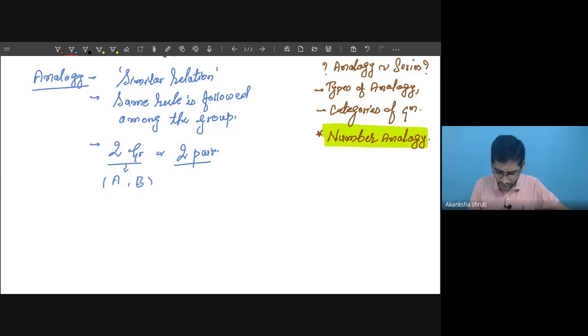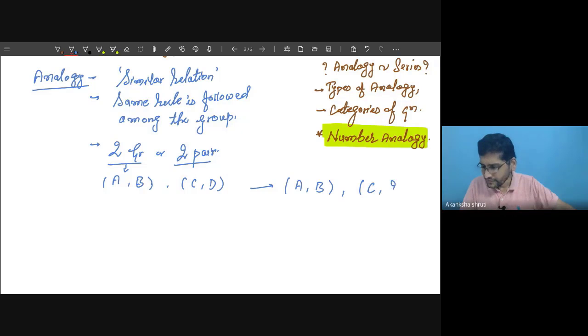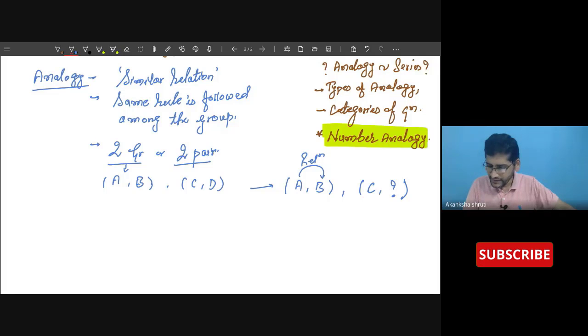And the second be C and D. It may be asked that there is a certain relation between A and B. Then in the next pair, if C is given, what is D? Whatever relation is followed between A and B, the same relation needs to be applied here to calculate this unknown.